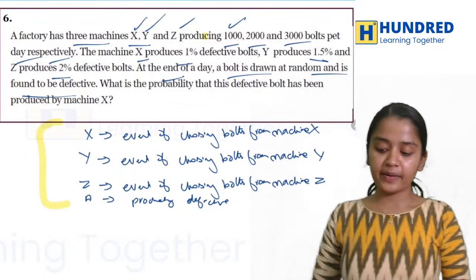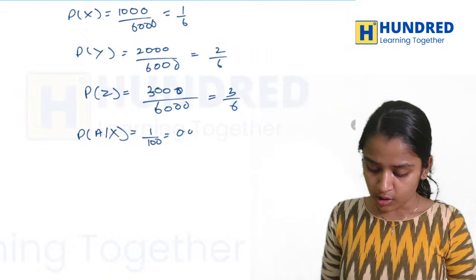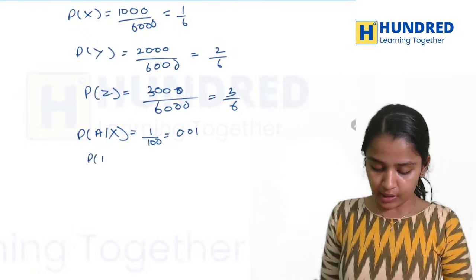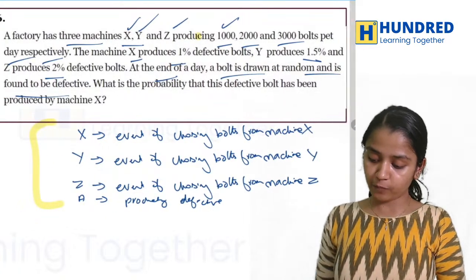So P of A by X is 1% defective, 1% is 1 by 100, 0.01. So which is nothing but P of A by Y is nothing but 1.5%.